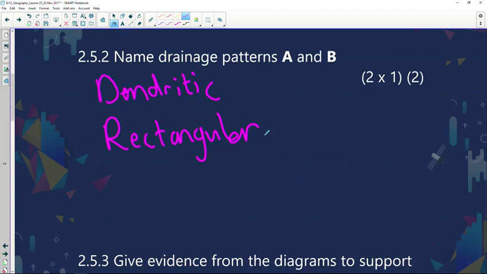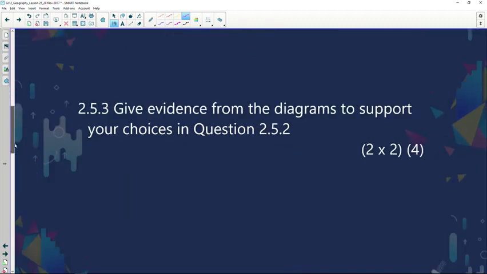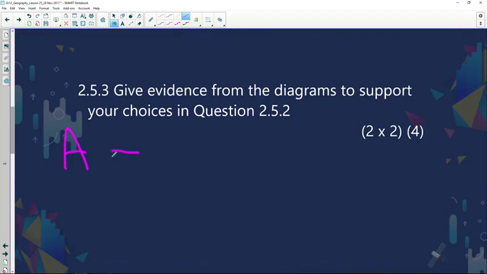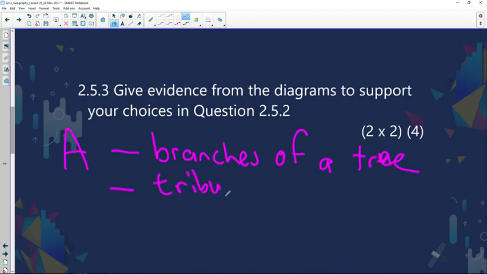Give evidence from the graph to support your answer. First of all, the dendritic resembles the branches of a tree. And another reason, the tributaries join at acute angles.